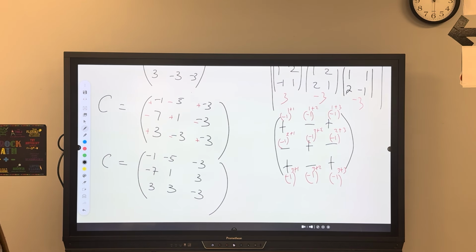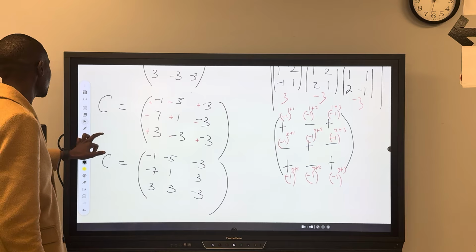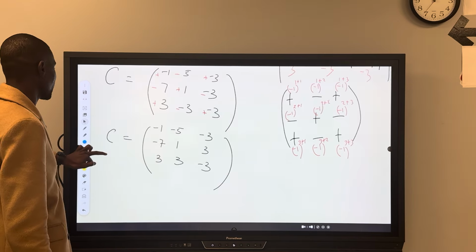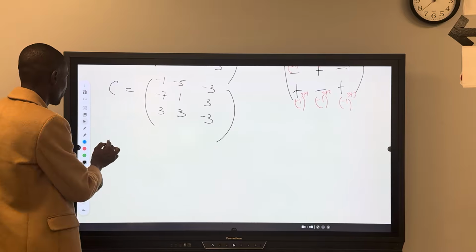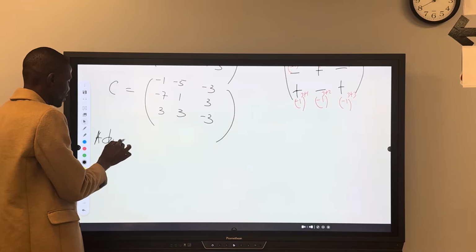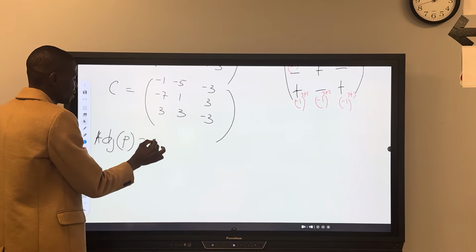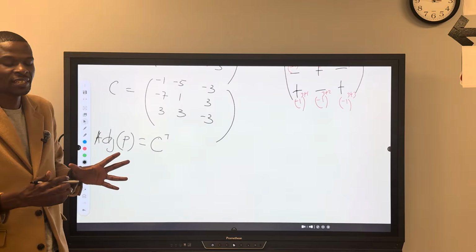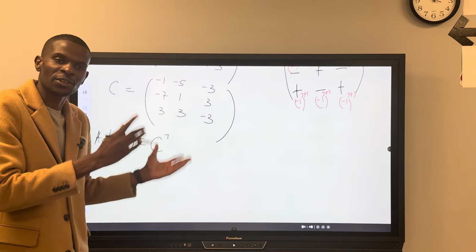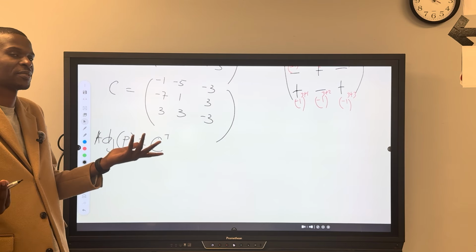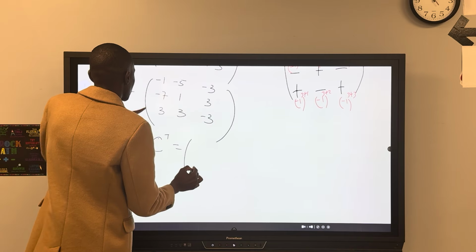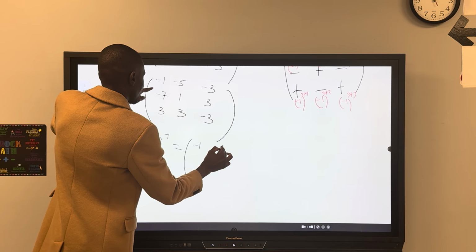So now, guys, once we have this, to get the adjoint matrix, which is our adjoint of P, what we simply do is transpose this. By transposing, we are interchanging rows and columns. Rows become columns, columns become rows. So when you transpose that, you are going to get -1, -7, 3.